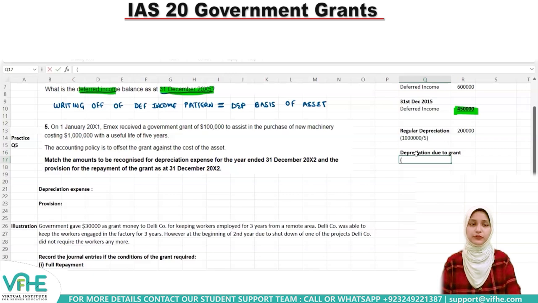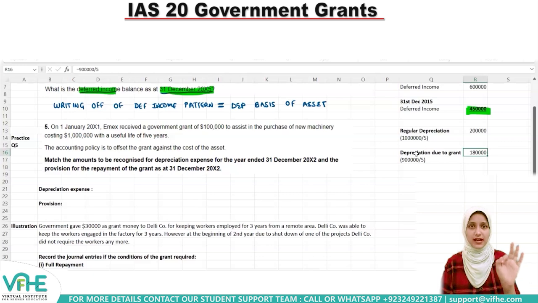So, what I'm going to do is from my 1 million, I'm going to remove the grant money. So, I'll have a 900,000 divided by 5. So, I have depreciation due to grant of 180,000.